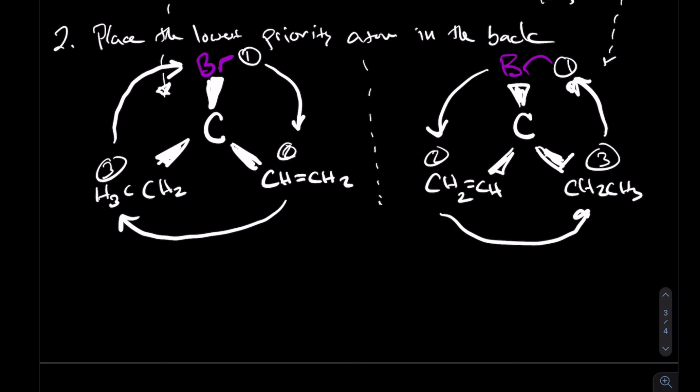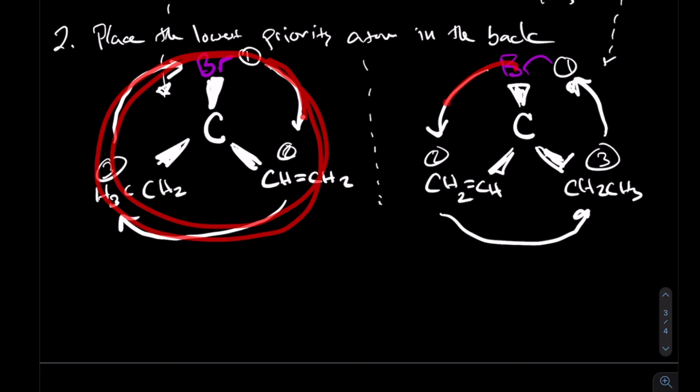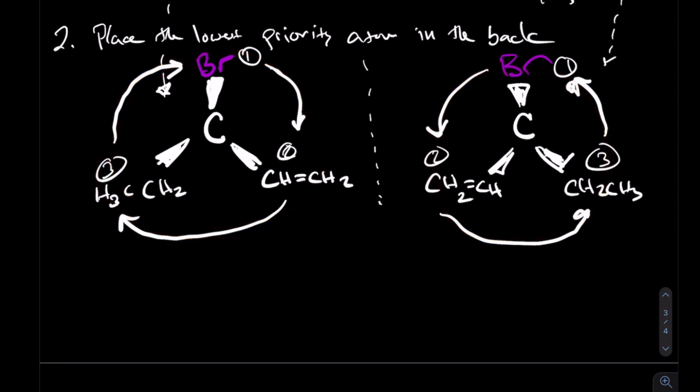And what that shows is that this direction over here is going to be clockwise, and this direction is counterclockwise, okay? And so because this is clockwise, we give this the label R for rectus, or upright, proper, and we give this one the label S for sinister, which is another word for left.